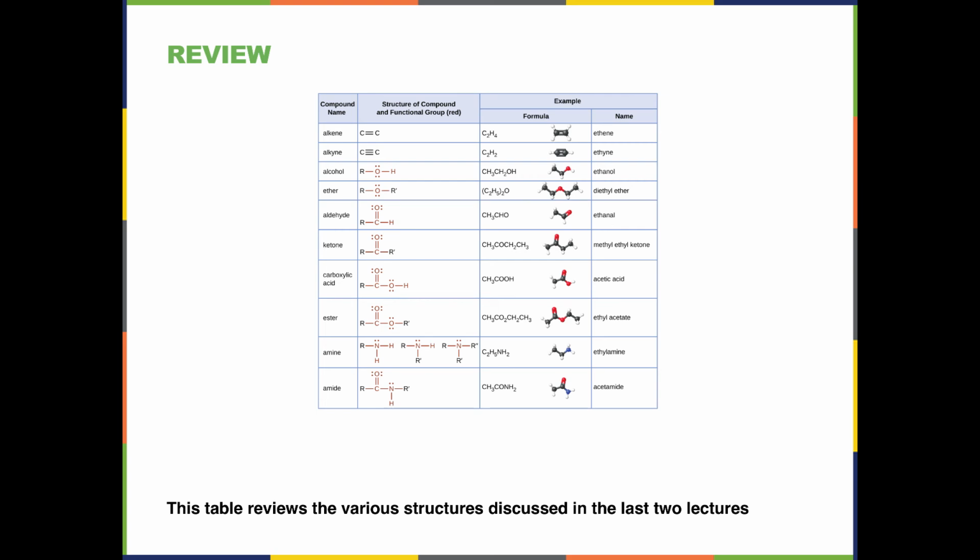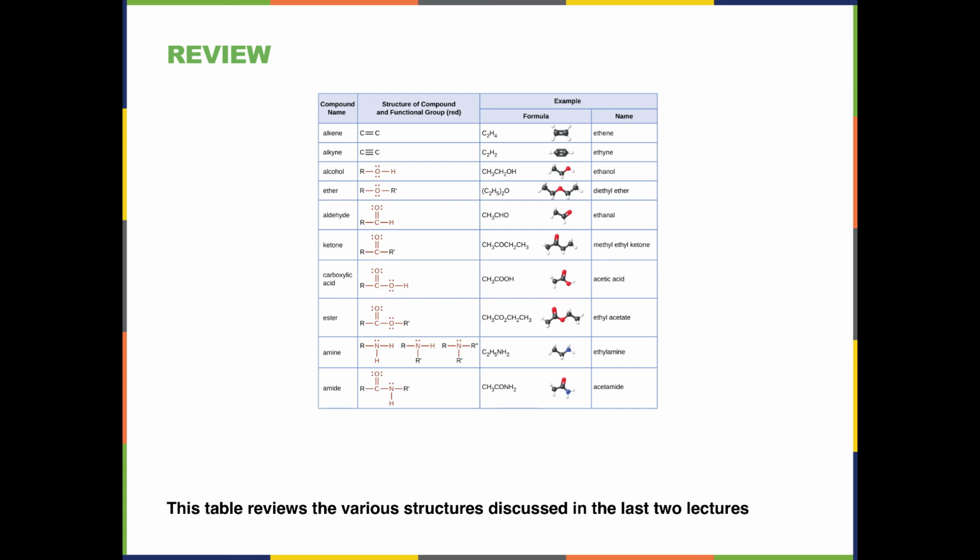A carboxylic acid has the double oxidation, so it has both the carbonyl plus the OH on the end, so it's either ethanoic acid or acetic acid in this case. An ester is a combination of a carboxylic acid and an alcohol, and if you combine ethanoic acid with ethanol, you end up with ethyl from the ethanol, acetate from the carboxylic acid, ethanoic acid.